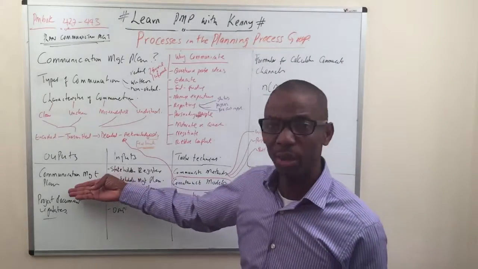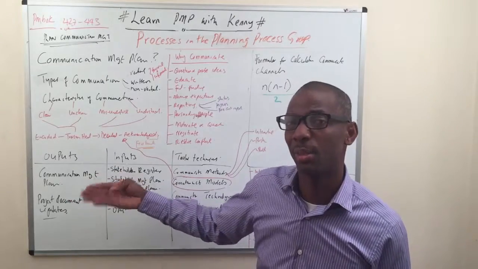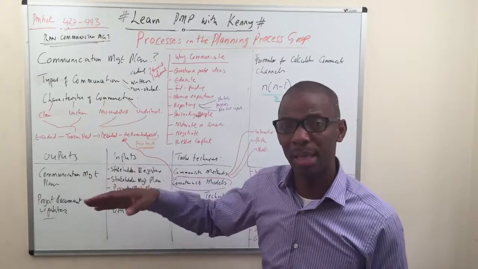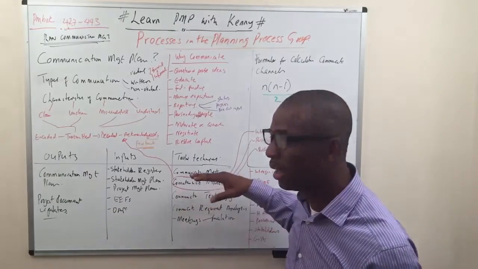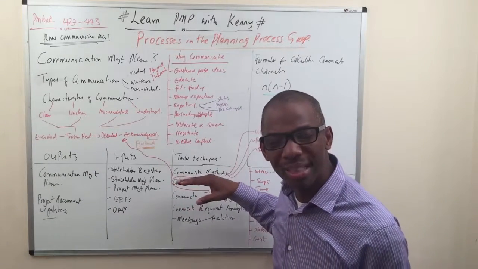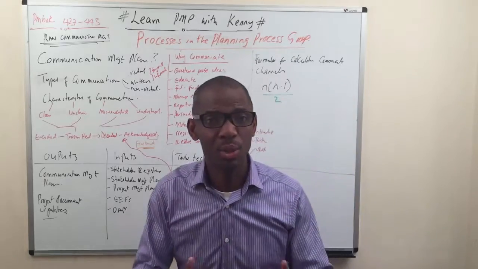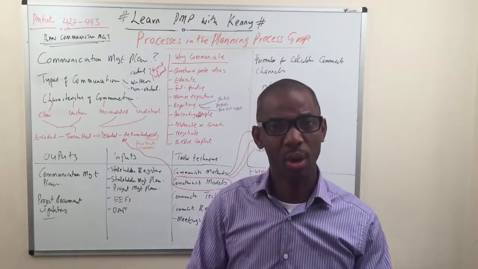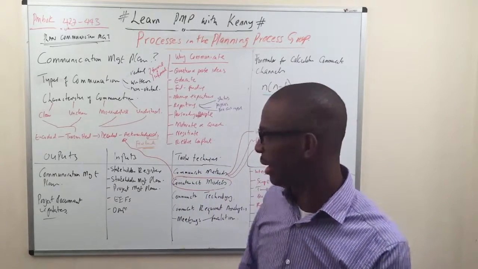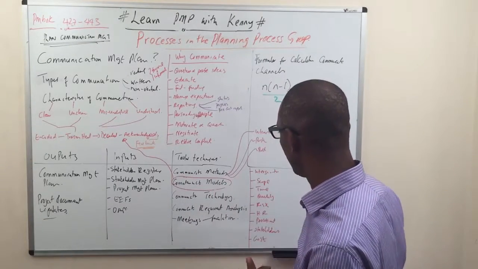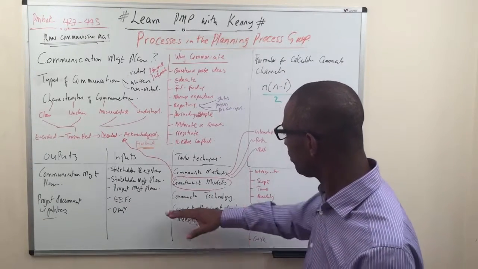Hence, the communication management plan, which is a subsidiary of the project management plan, will be able to define exactly what communication method is good at certain times of the project. Okay, so that's that about that.